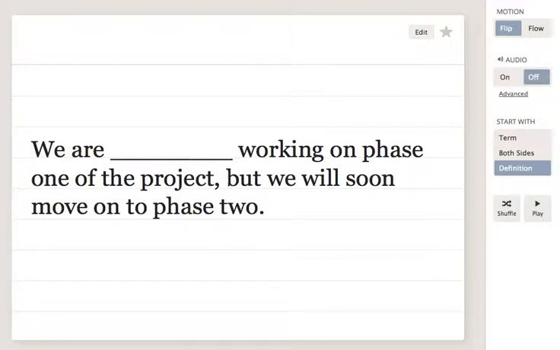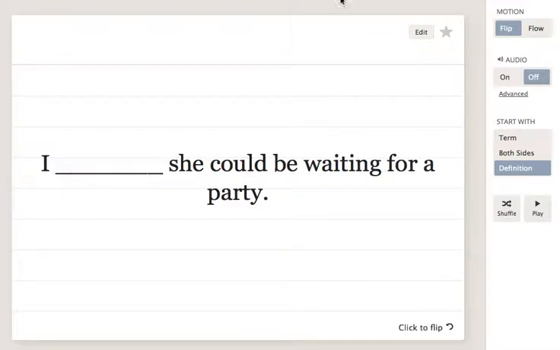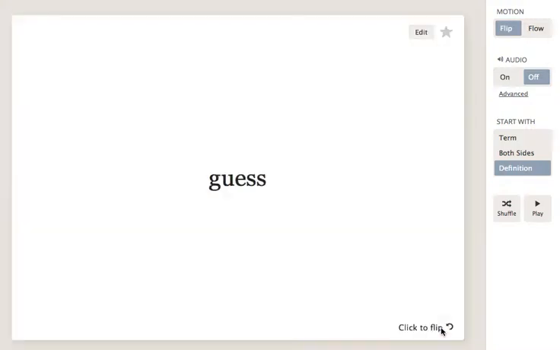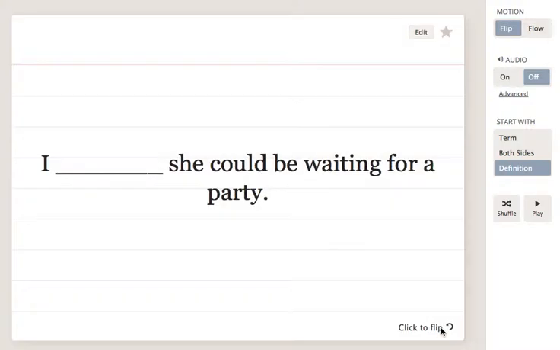Here, for example, are the examples from speculation language, which we did last term. You may remember we looked at portraits and we speculated about the people. So here, for example, we looked at a portrait and we said, I guess she could be waiting for a party.